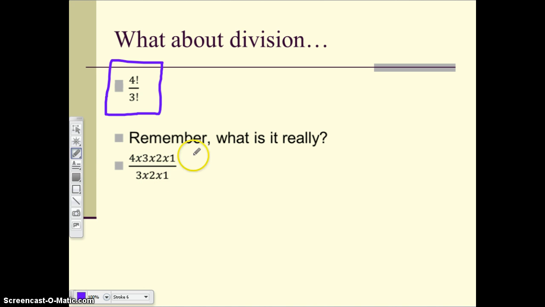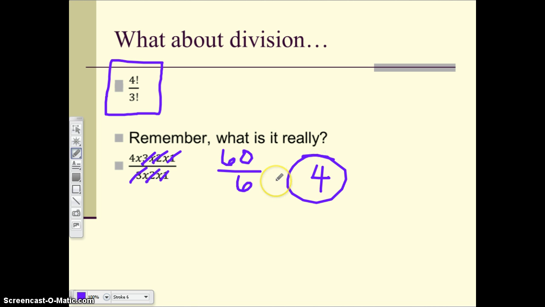Now, you can multiply everything out on the top, which gives you 24, and you can multiply everything out on the bottom, which gives you 6, or you can apply the principles of canceling that we know already. 1 divided by 1 is 1, 2 divided by 2 is 1, 3 divided by 3 is 1, and we're left with 4. 4 factorial divided by 3 factorial is 4.